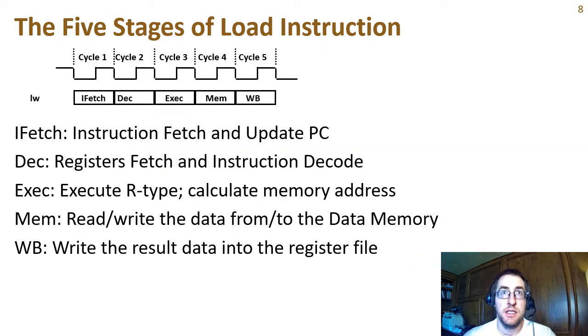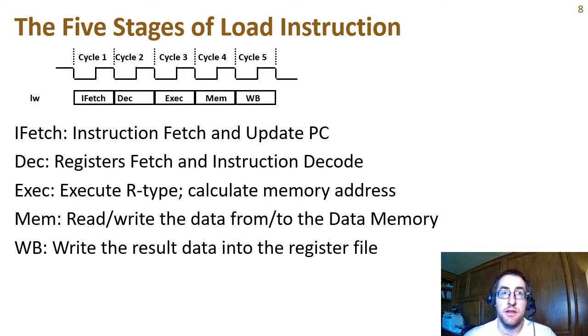So here we can see that each of the 5 steps of the instruction will now take 1 clock cycle to complete. So we're going to shorten our clock cycle, and a clock cycle will now be the time it takes to get through the longest stage in the pipeline. So this will depend on the longest functional unit time.